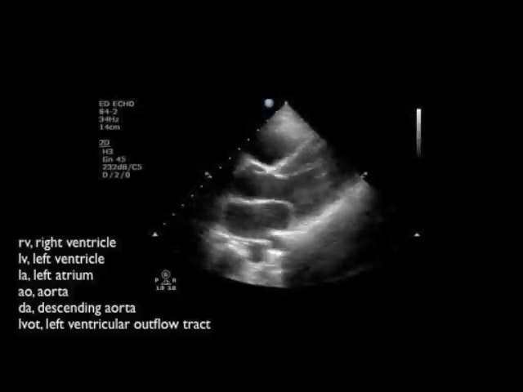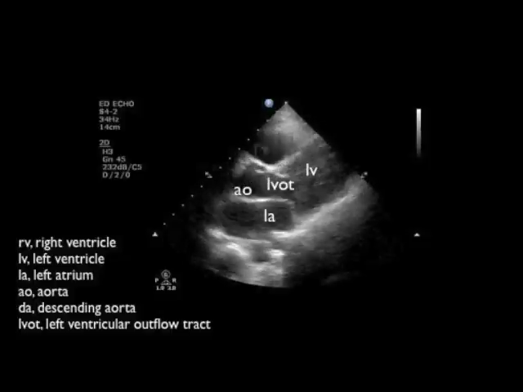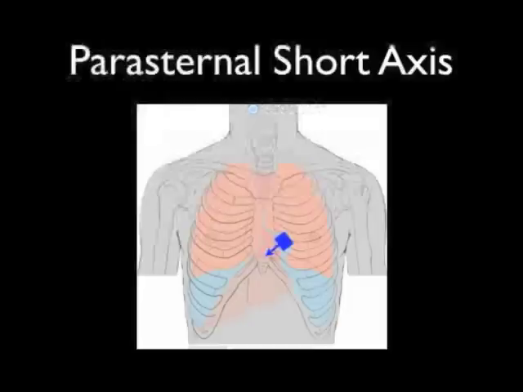Here's an echo clip. Notice the left atrium, the mitral valve next to it leading into the left ventricle, the aorta, and the right ventricle. The right ventricle is the most anterior structure closest to the sternum. This is a great view to visualize the mitral valve. It's the closure of this valve that generates the heart sounds.